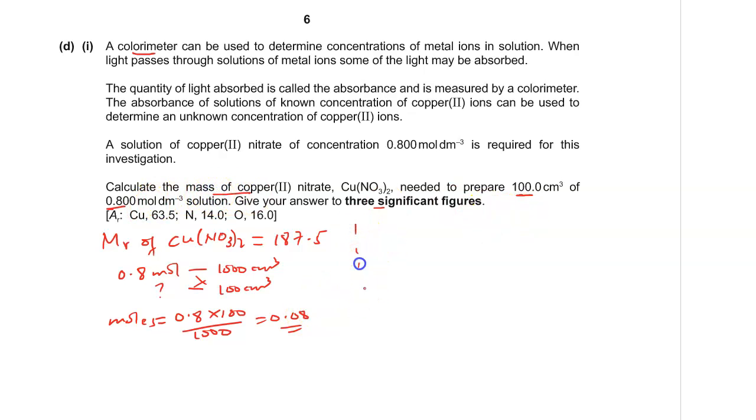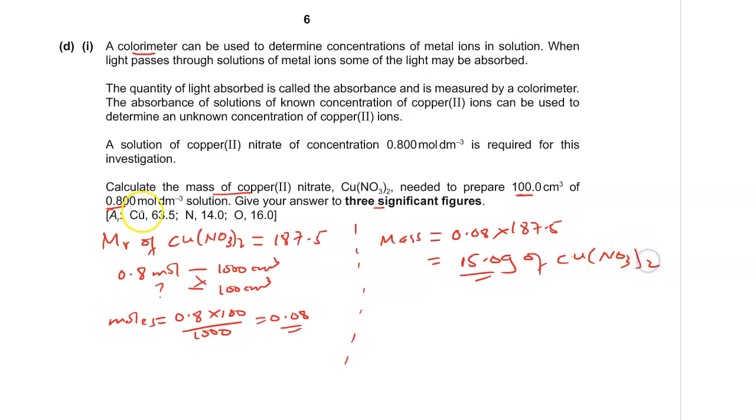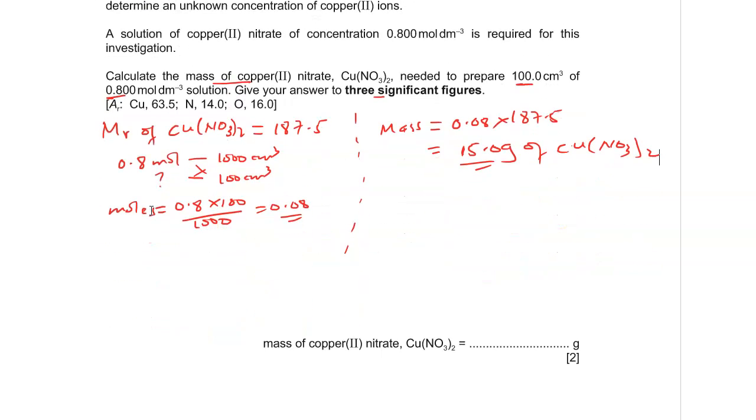So mass is equal to moles times Mr. The moles we have gotten here is 0.08 times Mr, which is 187.5. And when you do it correctly, you'll get 15.0 grams. This is the mass of copper 2 nitrate in 100 centimeters cubed of 0.8 moles per liter. So this is 15.